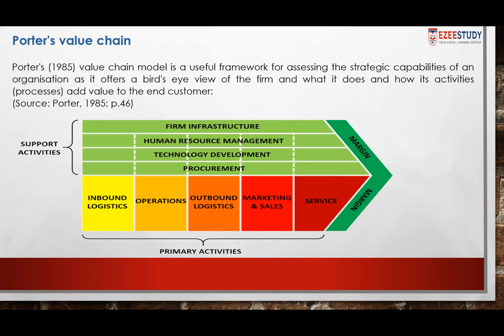Now, once the company does all these activities in the right way, what will happen at the end? Let's say it costs $50 per unit when a company performs all these activities. Now, the cost of the product will be $50 after performing all these activities.